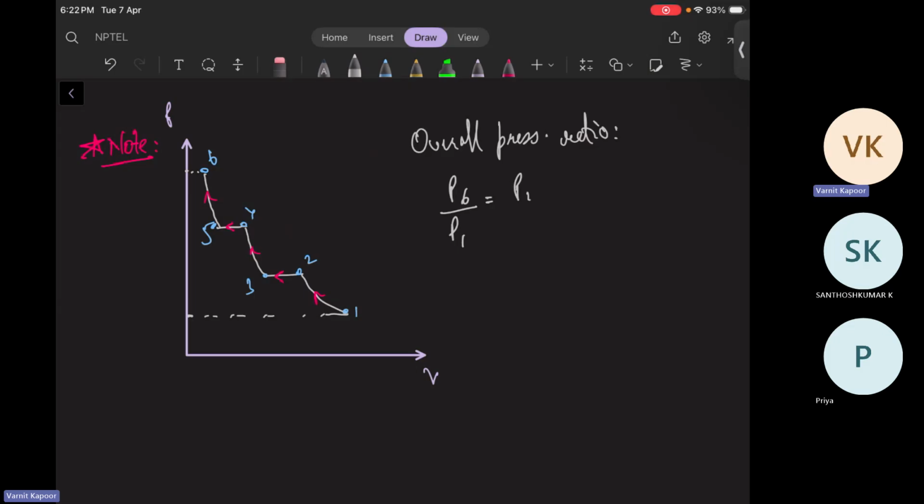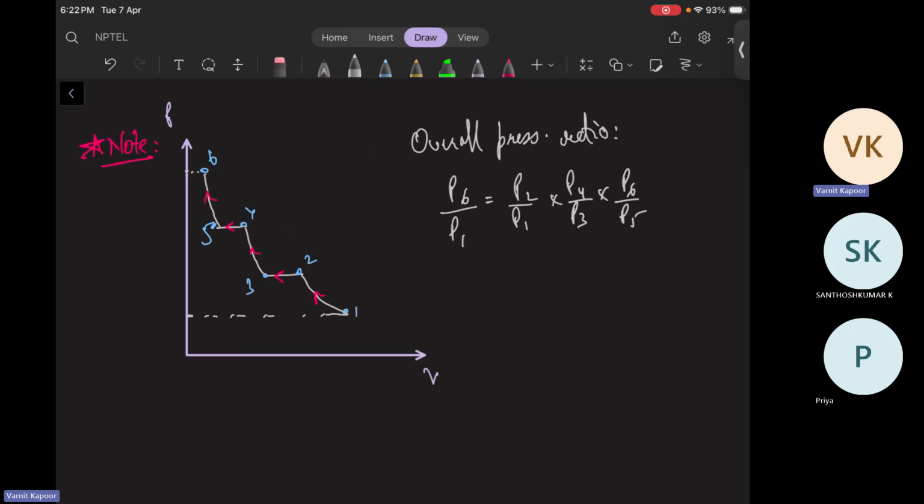So that is P2 by P1 into P4 by P3 into P6 by P5.